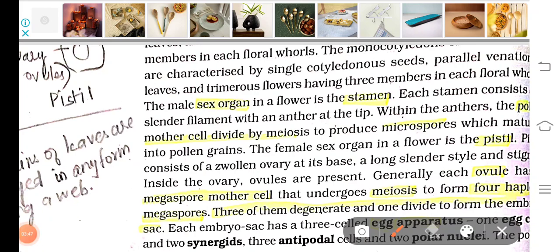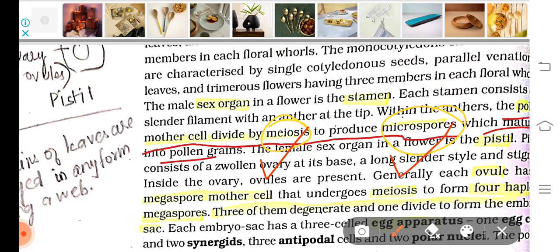The pollen mother cell within the anther divides by meiosis to produce microspores, which mature into pollen grains. So see, how you have to remember it: the pollen mother cell divides by meiosis to produce microspores. These two words are way too important.